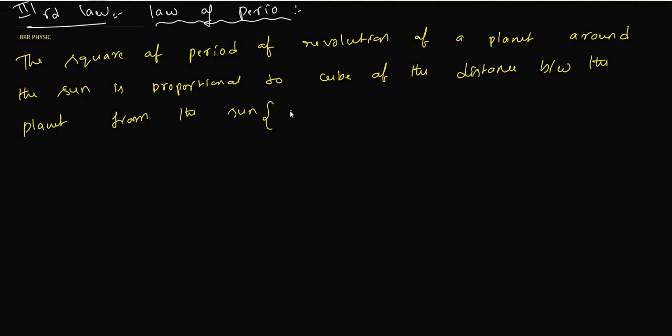Here, sun distance means we can tell the semi-major axis distance. Semi-major axis distance.